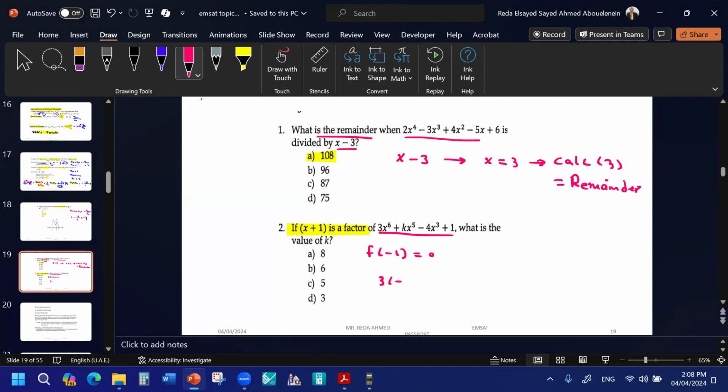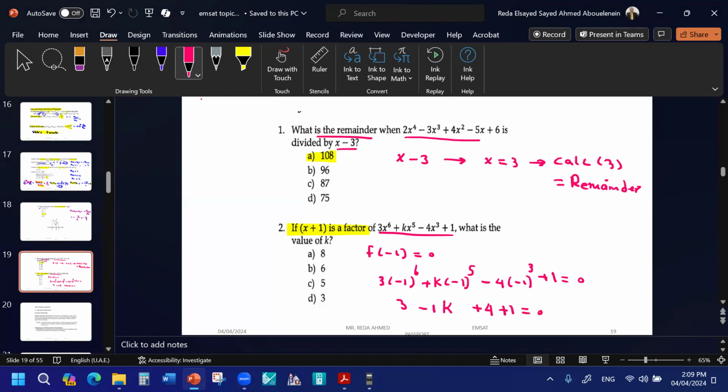So here, -1 all to the power 6 plus k times -1 all to the power 5 minus 4 times -1 all to the power 3 plus 1 equals 0. This is 1. This is -1k. And this is positive 4 plus 1 equals 0.